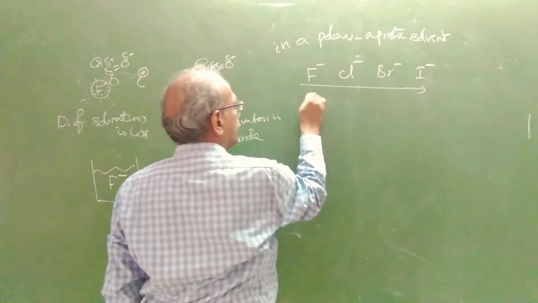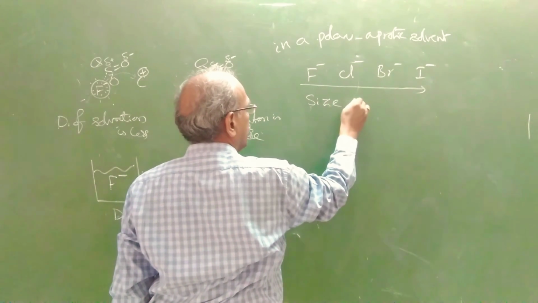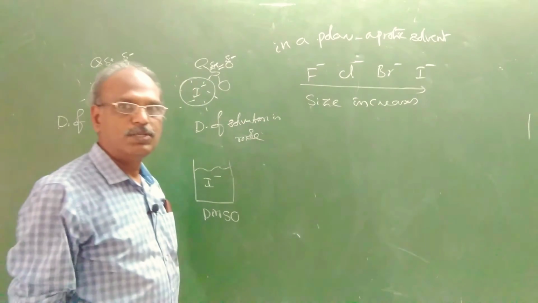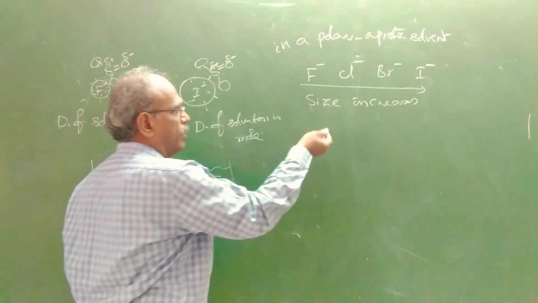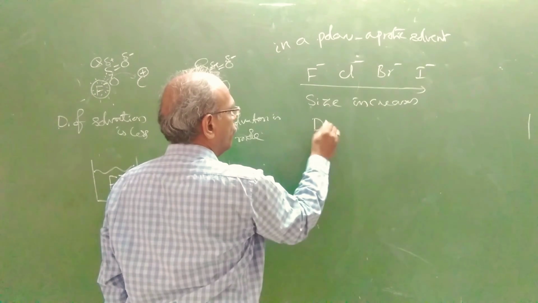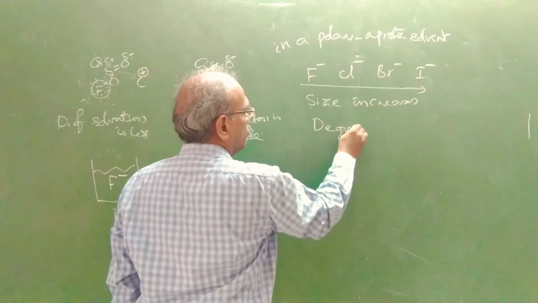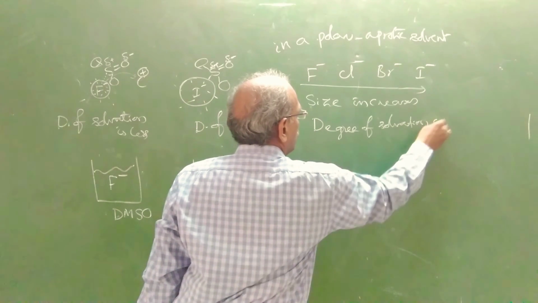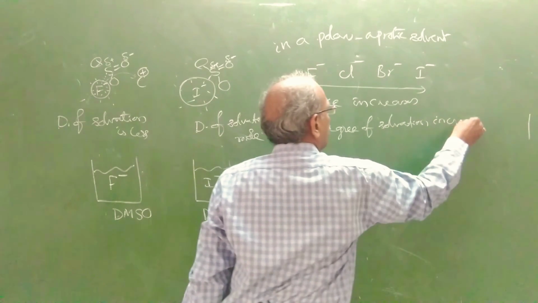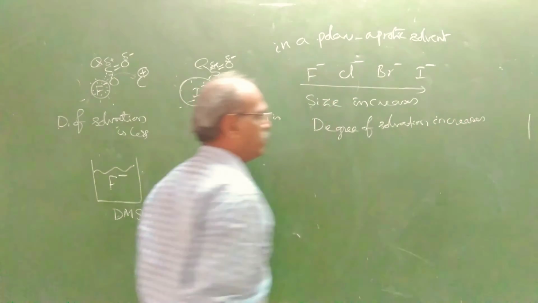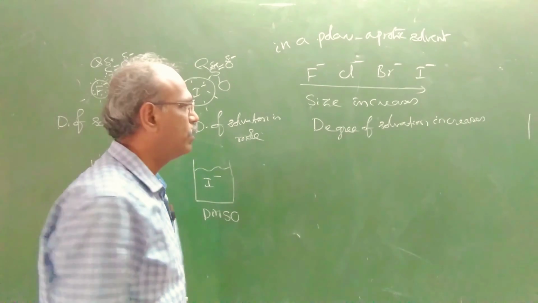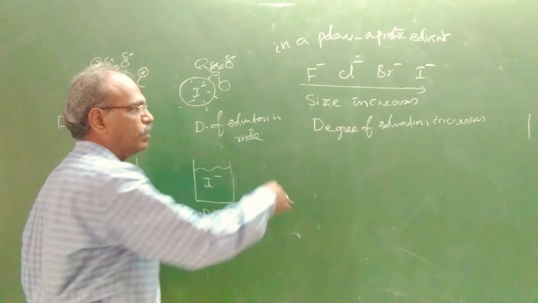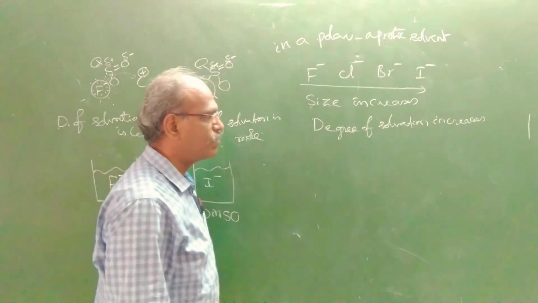From left to right, size increases, and the degree of solvation here increases. This is different from a polar aprotic solvent. In that case, it is reversed. It is very clear from this explanation. Okay, degree of solvation increases.